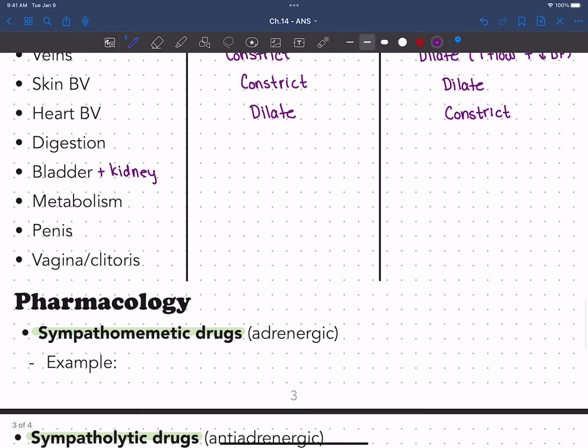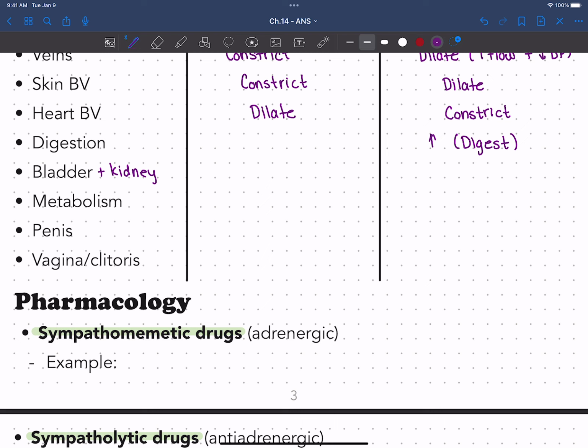All right. And so digestion, hopefully from what we talked about, this would be pretty straightforward. Digestion is promoted by the parasympathetic nervous system, right? The parasympathetic nervous system will increase digestion. That is the digest part of the rest and digest.